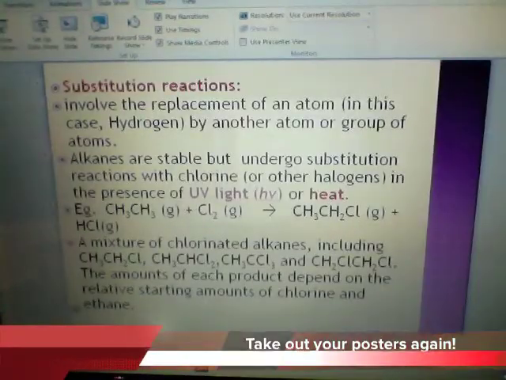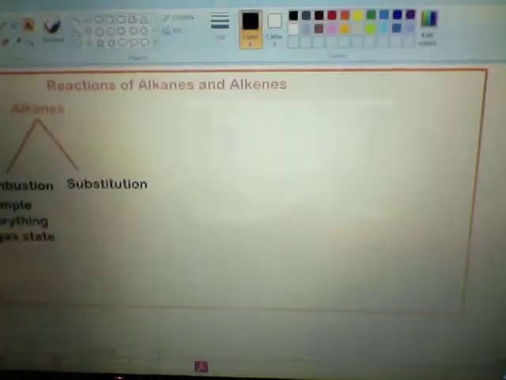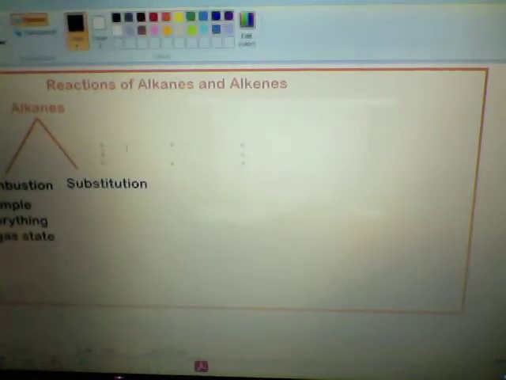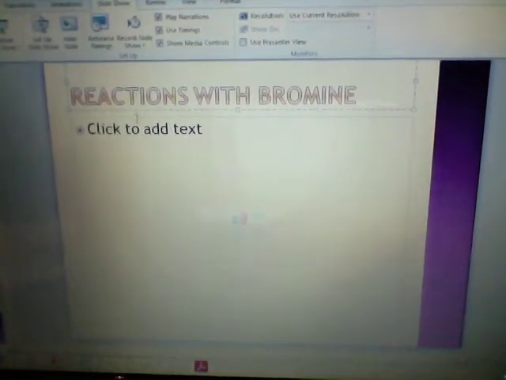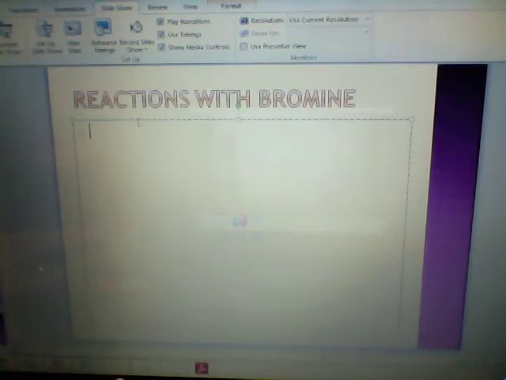So now we're going to turn to substitution reactions. So that should be your second type of alkane reaction. So reactions with bromine. This is just to remind you because it's been a while since we did that bromine reaction. When we reacted it with the alkene, if you can remember, the color changed from red to clear.